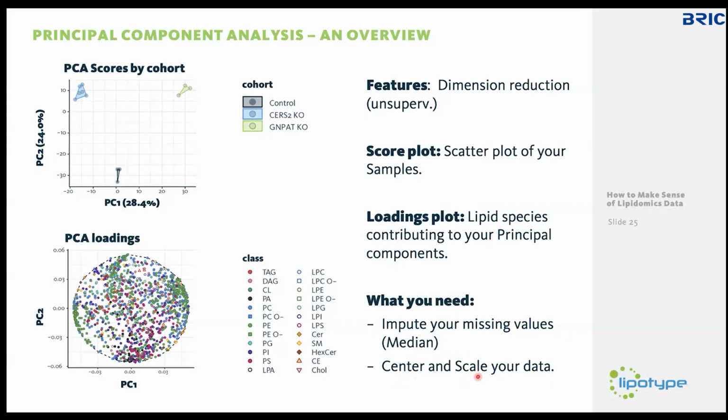Also, very important is to center and scale your data. Centering means to remove the mean from every value within this feature. And scaling means that you standardize the variation, the standard deviation, to 1. Why is this necessary? This is because the contribution of the lipid to the PCA is dependent on the abundance.